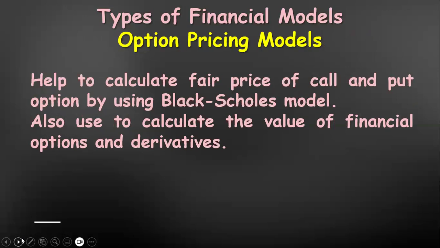Option pricing models help to calculate the fair price of call and put options by using the Black-Scholes model. So here you should have clarity about the call and put option. Call option means right to buy. Put option is right to sell.